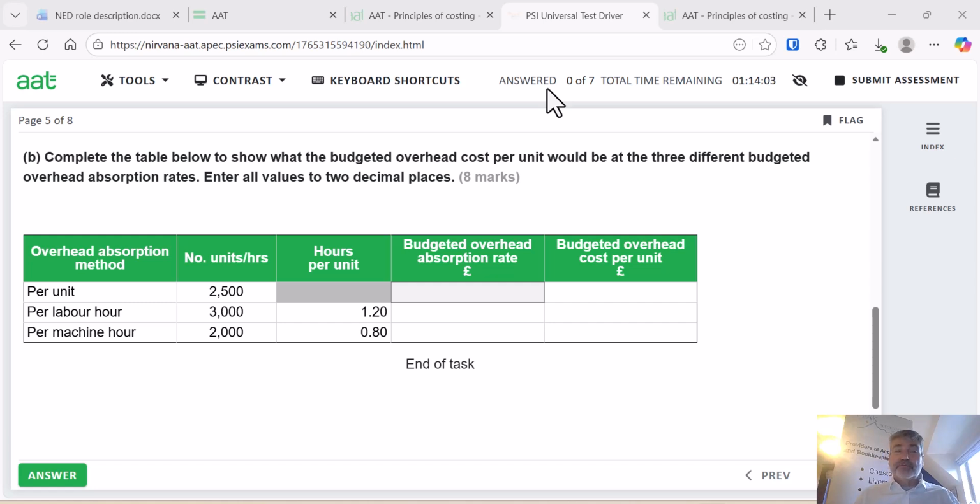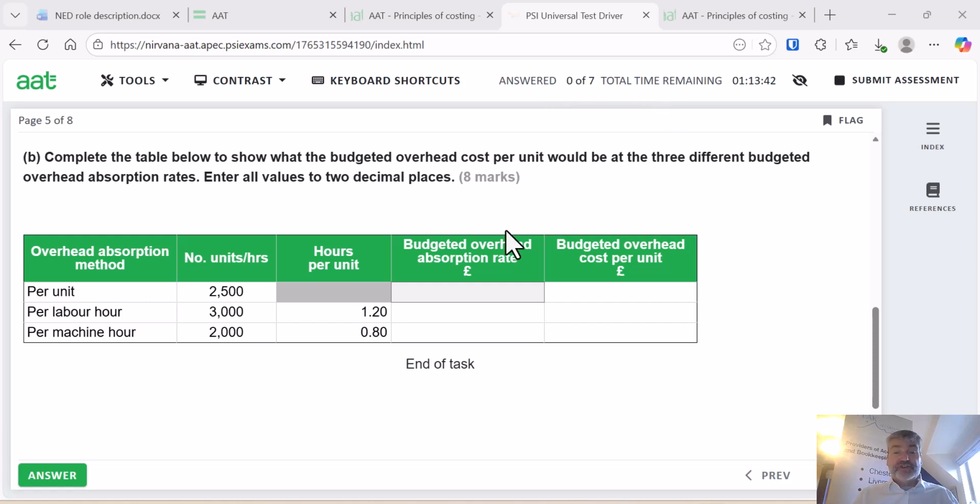And using the simple or the traditional approach to absorption costing, that activity will either be the total number of planned units, total number of labour production hours, or total number of machine production hours.